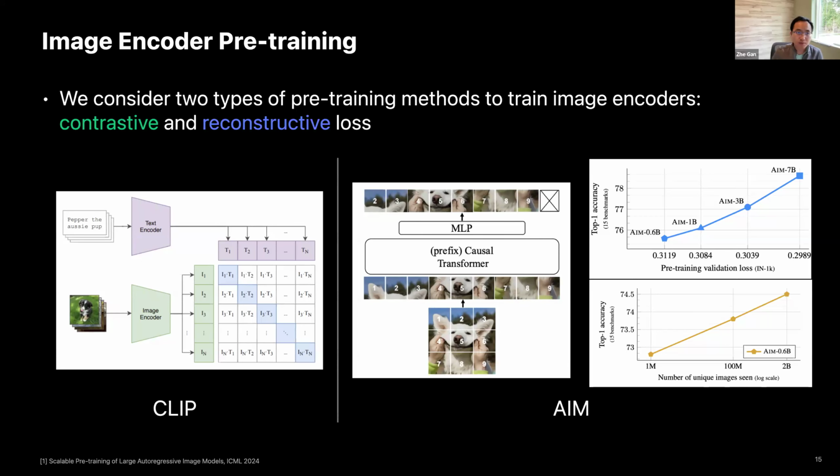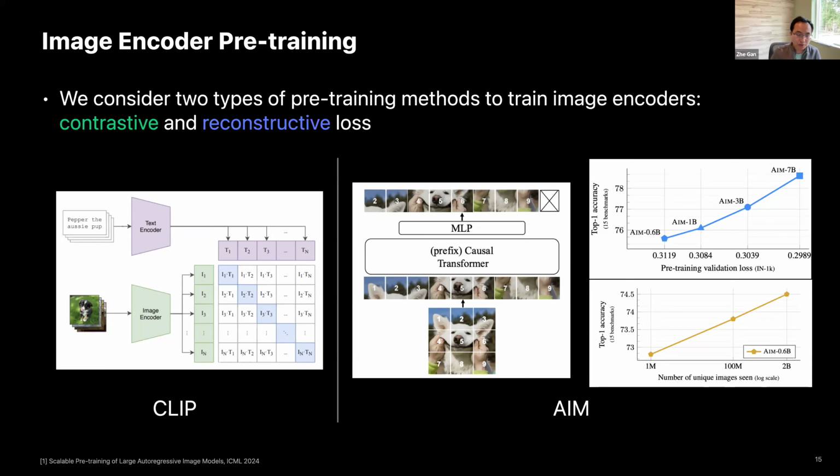At a high level, just from the image encoder pre-training side alone, we have tried two representative methods to pre-train the image encoder. One is CLIP, which is very popular. It's a contrastive learning method. Another is the AIM model, which is also developed by Apple.